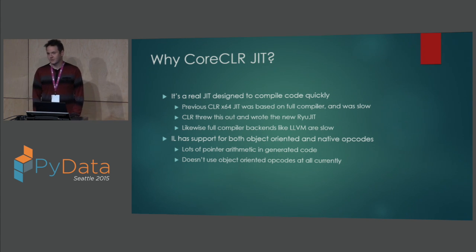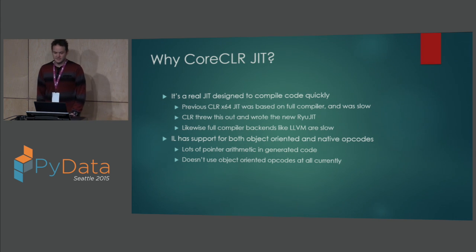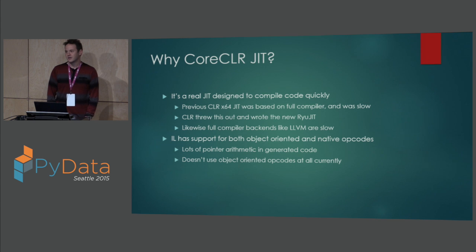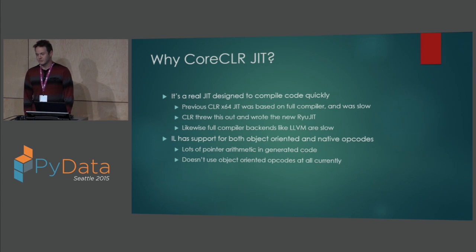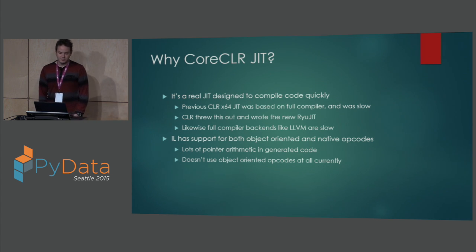Our x86 performance, when it came to startup, was still kind of terrible compared to CPython, but when you looked at x64, it was a travesty. So the fact that the CLR threw this out and started with a new JIT that was designed to be a real JIT was promising.